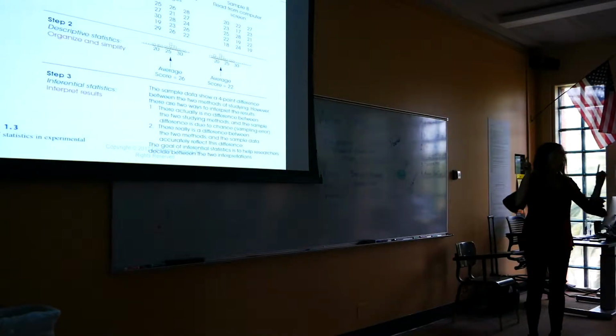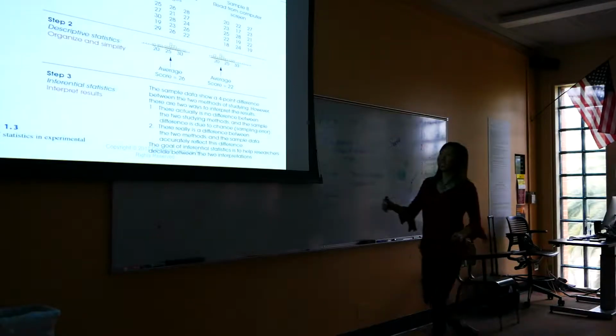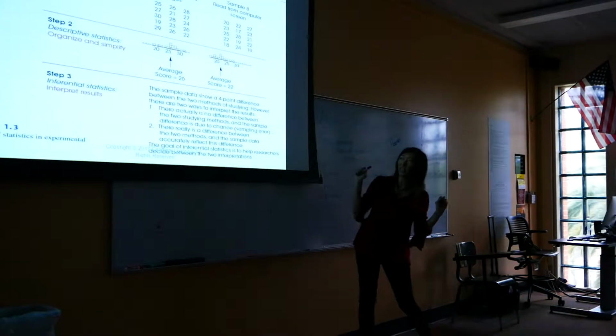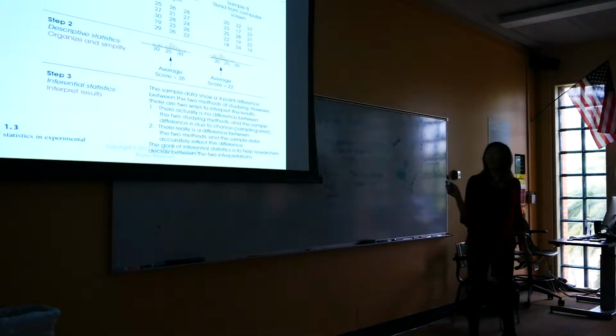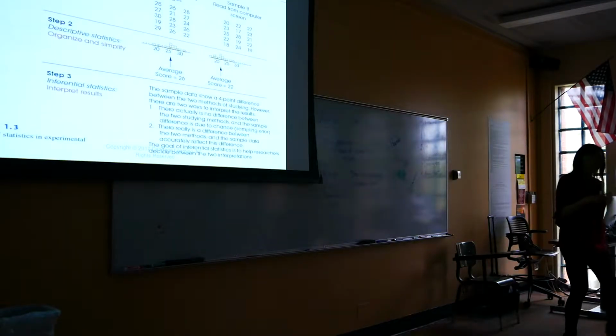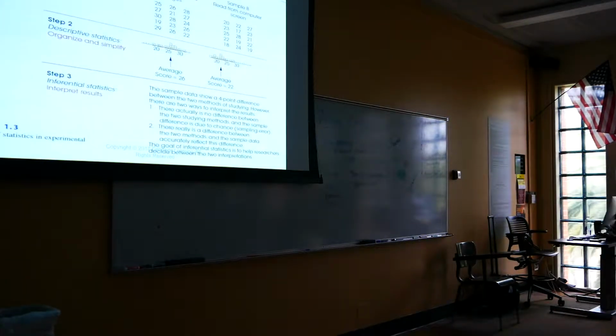Okay. Or our second interpretation would be, woo, there really is a difference between the two methods, okay? And the sample data reflects that difference. So we're gonna run our inferential statistics, our procedures, and our hypothesis testing, but we're gonna find out if there is or isn't a statistical difference. If there is a statistical difference, great, that's really what we want, okay?